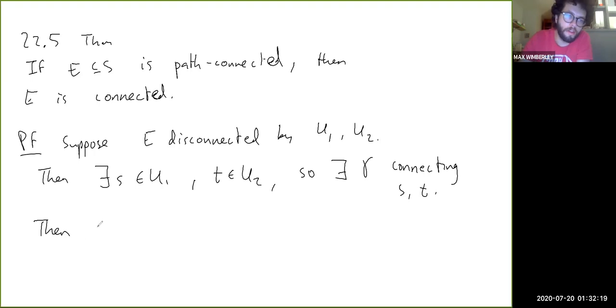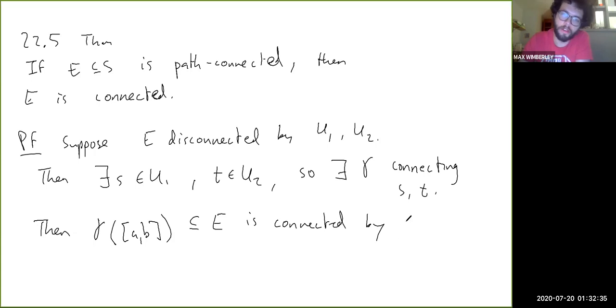Then gamma of [a, b] is a subset of E, and it's connected by the previous theorem, our theorem about images of connected sets under continuous functions, which says that this set has to be connected.